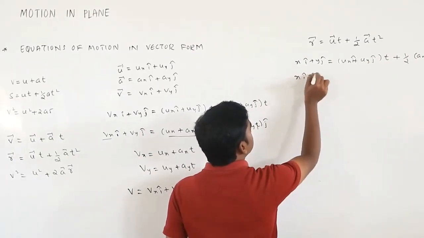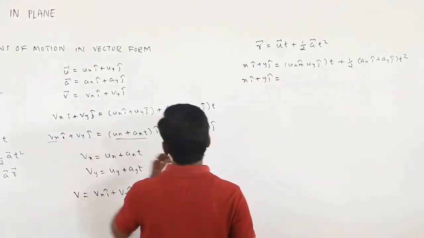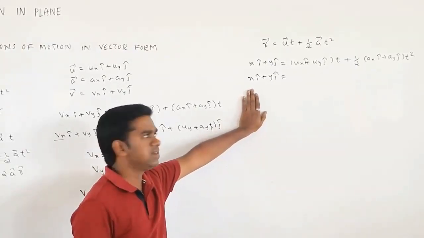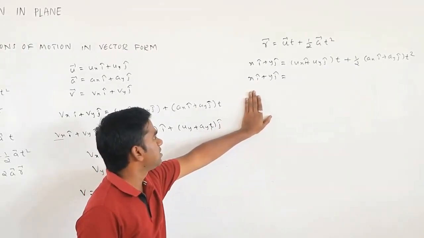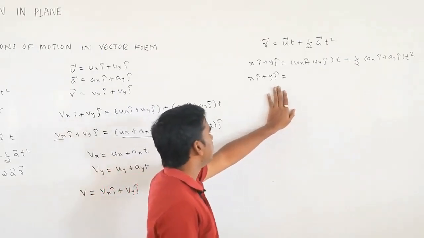Here you are not writing Vx and Vy because it is a displacement vector. Directly you can write in terms of x i cap and y j cap, or delta x i cap and delta y j cap.